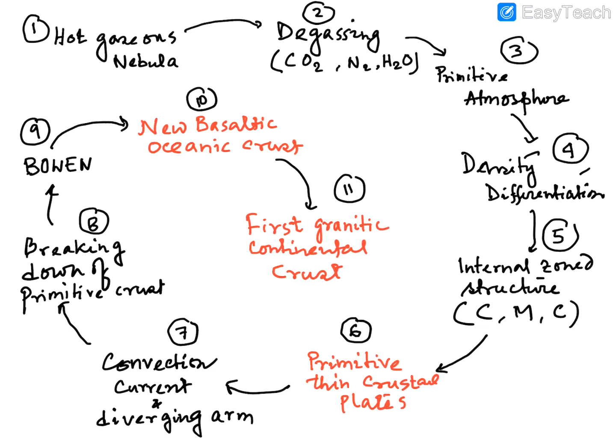In the primitive atmosphere, these gases differentiated according to their molecular weight. Like the water vapor, which always stays closer to the Earth's surface, that created the first clouds by condensation process.